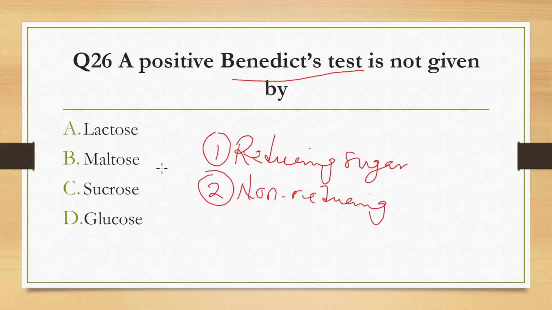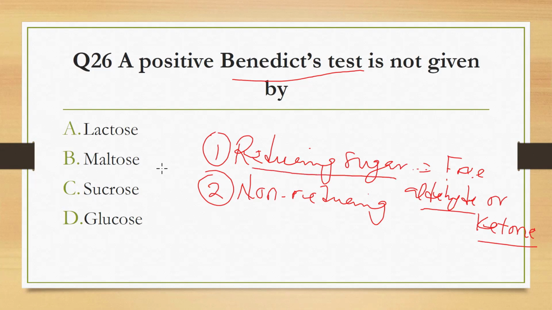A reducing sugar is a sugar that has either a free aldehyde or ketone functional group. So any sugar that has a free aldehyde or ketone functional group is considered a reducing sugar. The other way you can consider it is as a sugar that can be oxidized by a weak reducing agent.